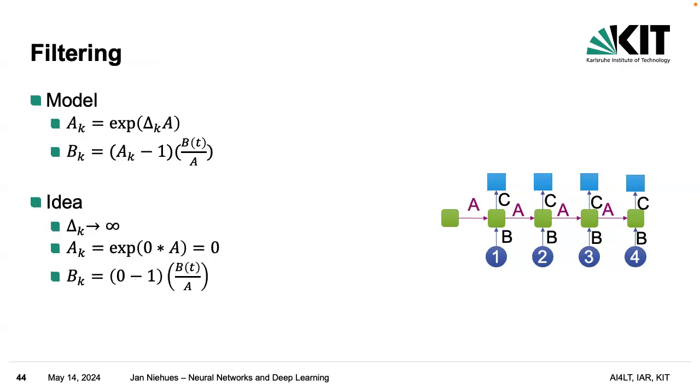So you can also reset your history, and that fits very nicely to the continuous view. If you set your distance between two points to very, very large, then of course the new sampling point is not really influenced by the previous one. So you reset by setting this very far away. On the other hand, if you have two points which are mainly at the same time, you're ignoring the new input because it's mainly the same input you had before.